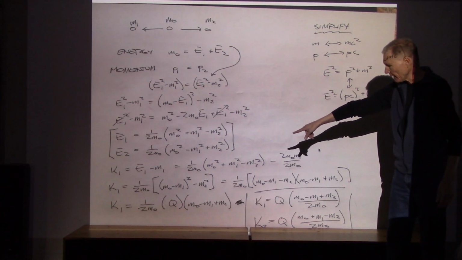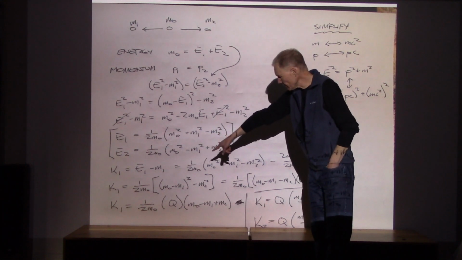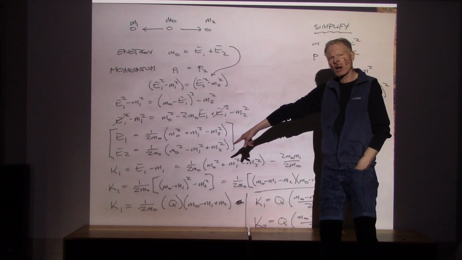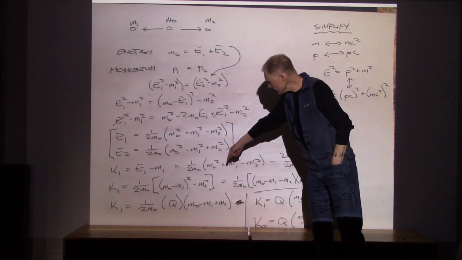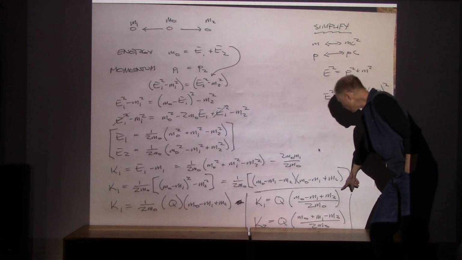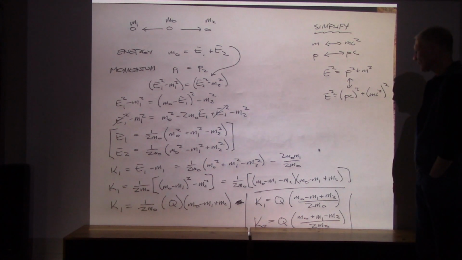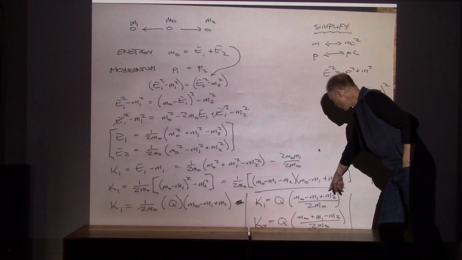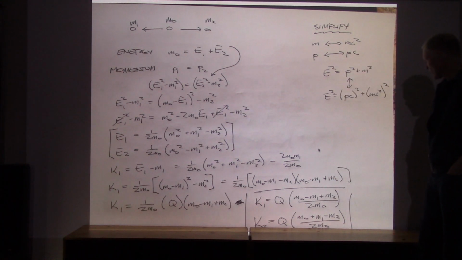So this part of the expression gets replaced with Q. In that final line, I have K1, I still have that factor of 1 over 2 m naught, times Q times m naught minus m1 plus m2. The final version of my kinetic energy formula is that K1 is equal to Q times m naught minus m1 plus m2 over 2 m naught.